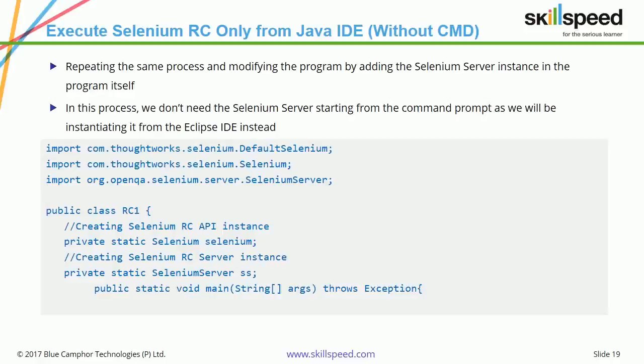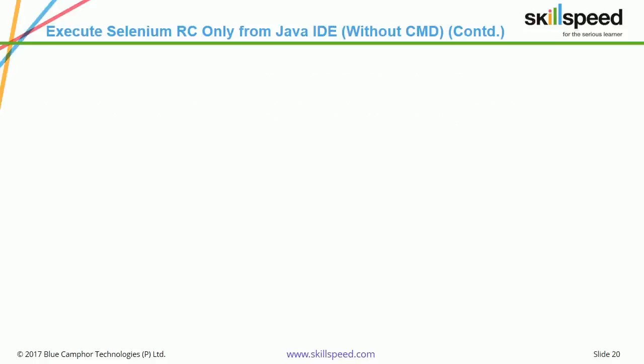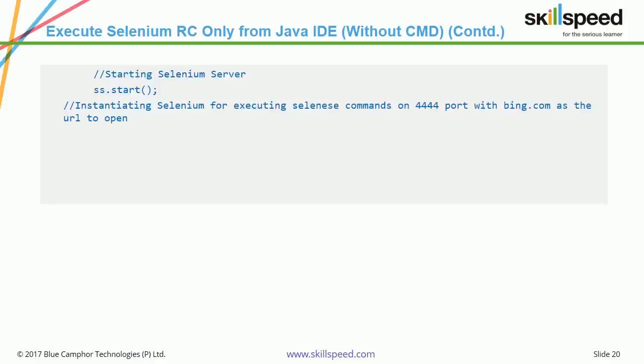Then I have the public static void main, in which I am giving the instantiation for my Selenium server ss equal to new SeleniumServer. Then I am starting the Selenium server, ss.start. This will start the Selenium server instead of from the command prompt.